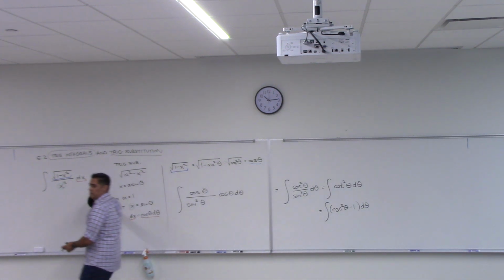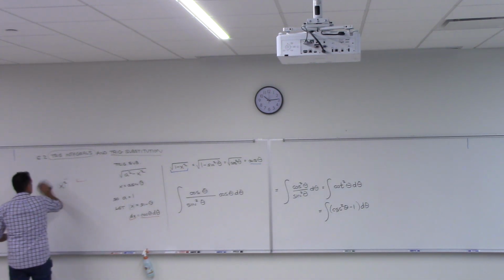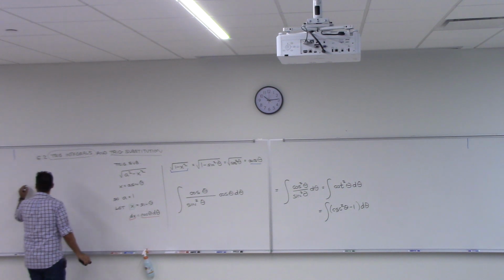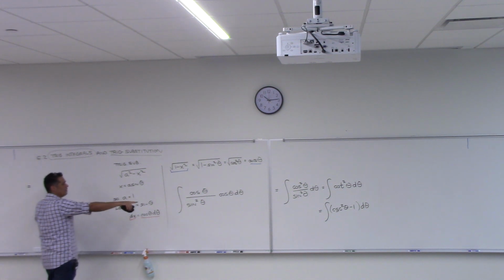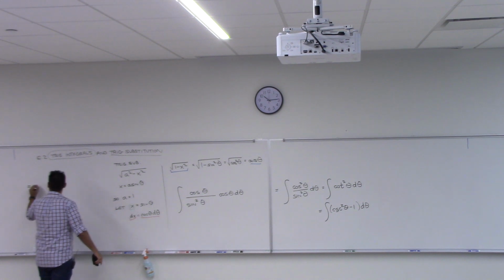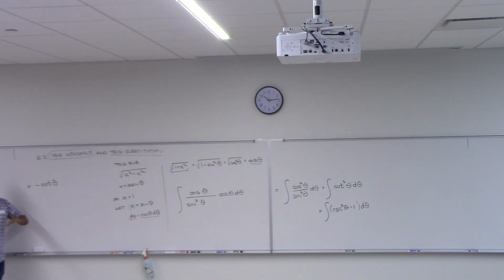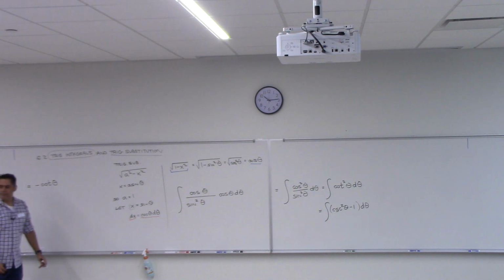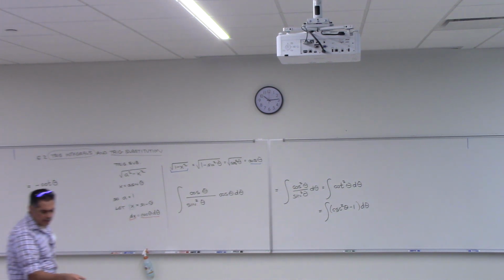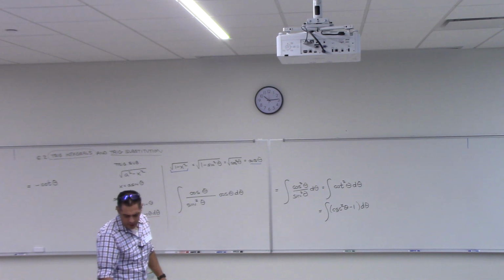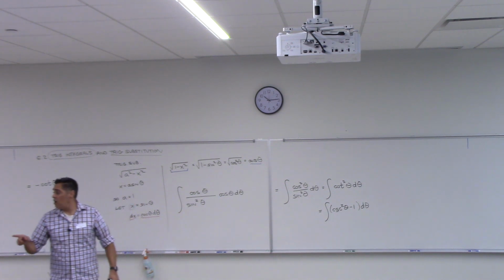I'm going to continue. So now I have equals, what is the antiderivative of cosecant squared theta? Negative cotangent theta. Why is that? Because it's on your sheet, directly. What formula is that? Are you looking at integrals or derivatives? You're looking at integrals. So it's formula number 9 on the integrals.